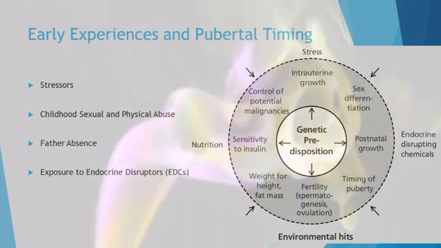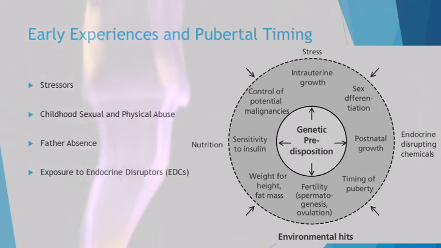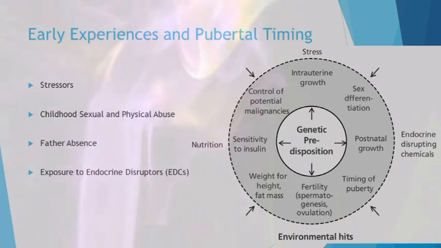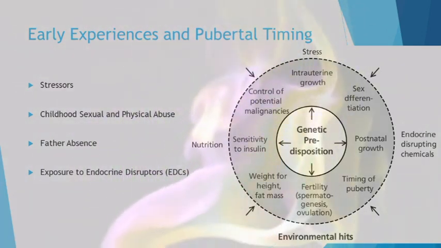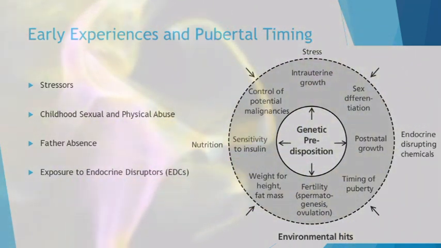The HPA axis produces cortisol as a response to stress, but cortisol isn't really good for your body in the long term. So when there's chronic stress, that starts to disrupt the HPG axis, which impacts pubertal timing. That's part of how that system gets thrown out of balance. So stressors early in life can play a role in the biological development of adolescence, and that's something to be mindful of.